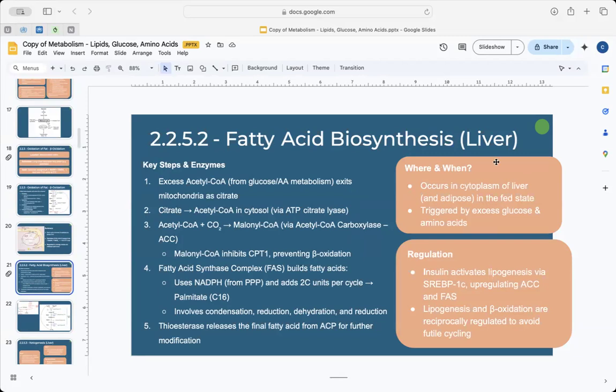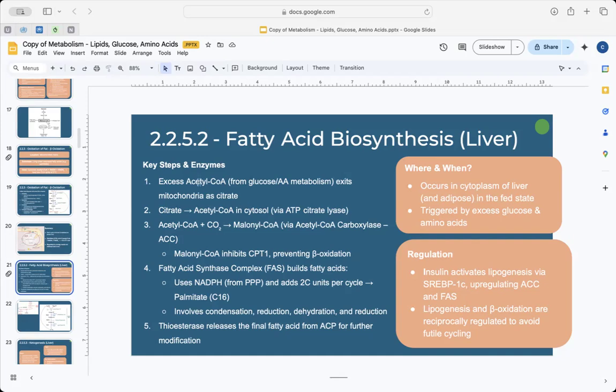But in terms of where and when fatty acid biosynthesis happens, it's in the cytoplasm of the liver and adipose in the fed state, and it's triggered by excess glucose and amino acids. In terms of regulation, insulin activates lipogenesis, upregulating ACC and FAS. And then lipogenesis and beta oxidation are reciprocally regulated to avoid futile cycling.